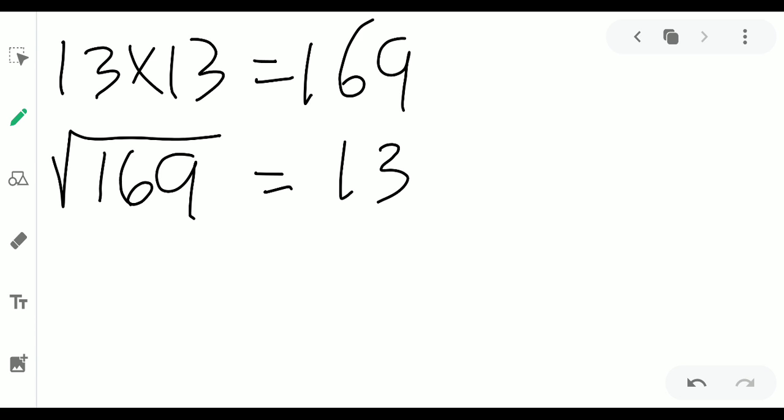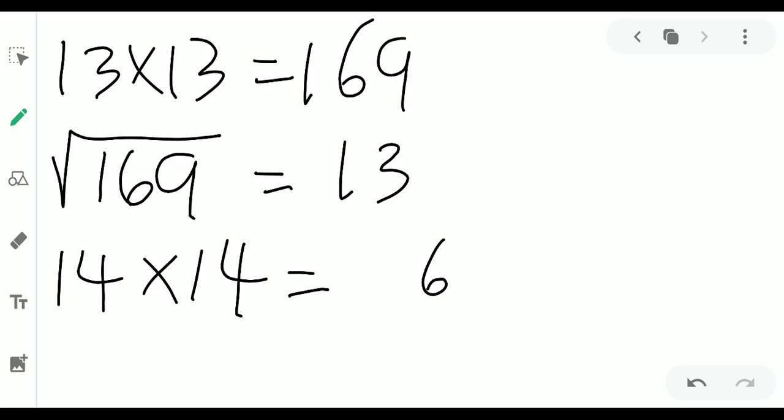So you can do the same thing for 14. If you multiply 14 times 14, it gives you a certain number. 14 times 4 is 56. 6, remember 5. 14 times 1 is 14, plus 5 will give you what? 19. So 196.